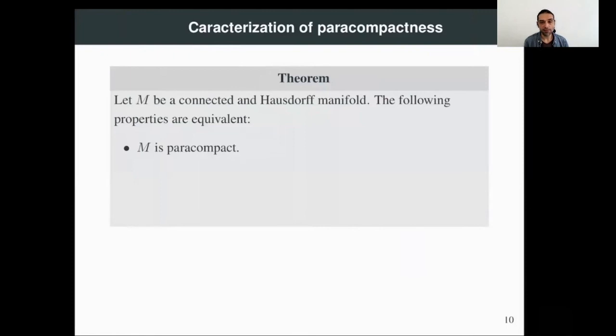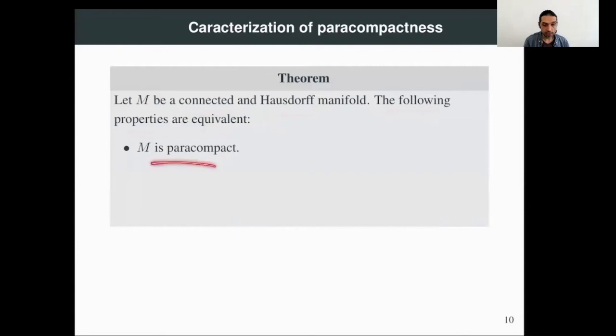Consider a manifold M which is connected and Hausdorff. We already saw that Hausdorff is a very natural property because otherwise the partitions of unity theorem does not hold true. So the following properties are equivalent.